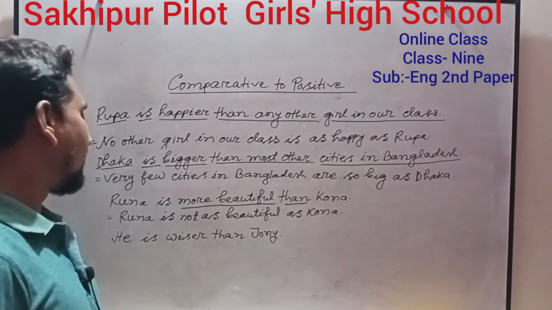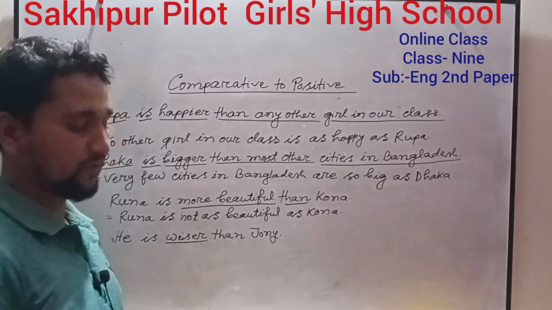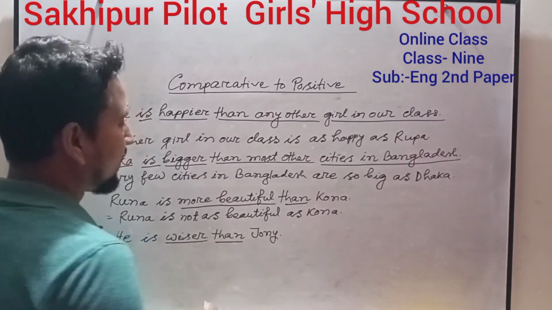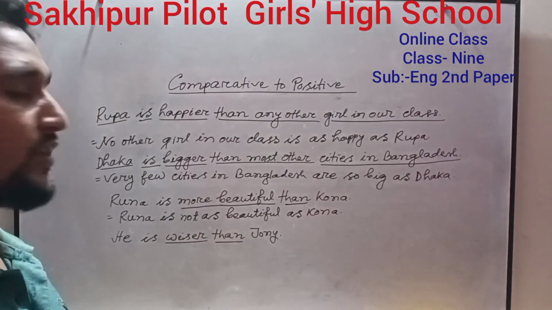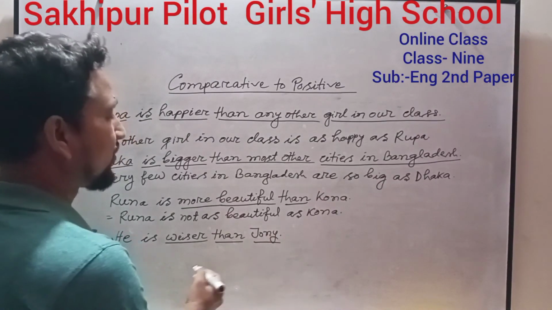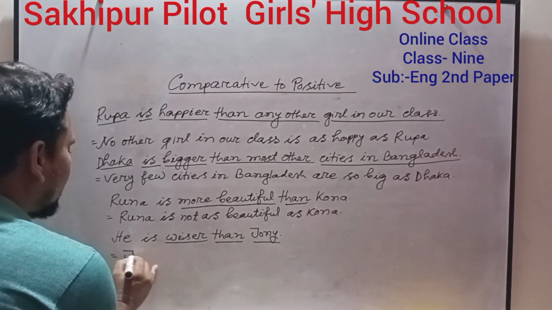If this sentence's adjective is only one syllable, that means monosyllable, and the feature of comparative degree is only "than", then if you want to change this sentence into positive, at first you have to write the last noun or pronoun, Johnny.